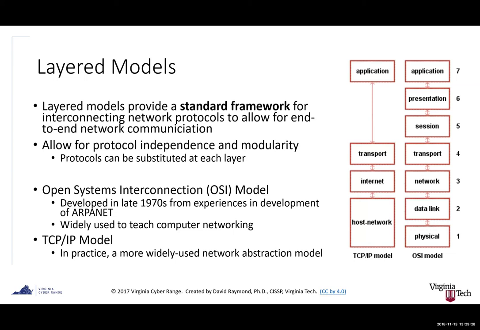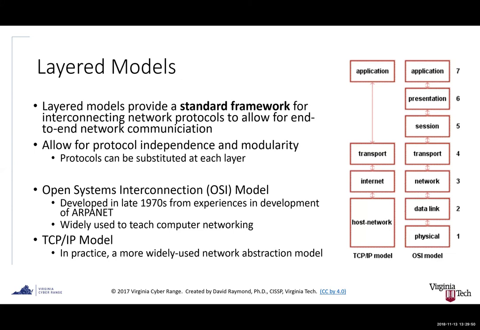Layered models allow for independence and modularity. The interesting thing is that you can pull out a protocol at a certain layer and put in another protocol, and the protocols in all the other layers can stay the same.